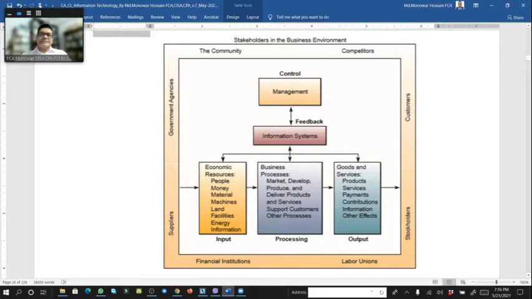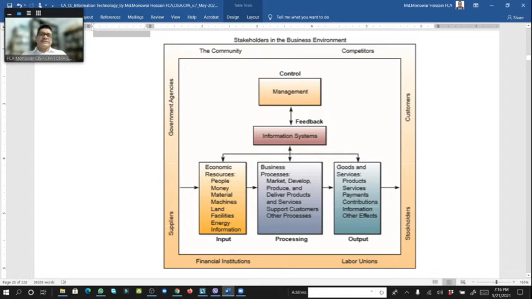And within this boundary, look at this box here. Outside the boundary, we have the community, the competitor, the customers, the stakeholders, the labor union, CBA, collective bargaining agent, the financial institutions, our bank, other stakeholders, the supplier, and the government agencies for our tax, VAT, and also other things.